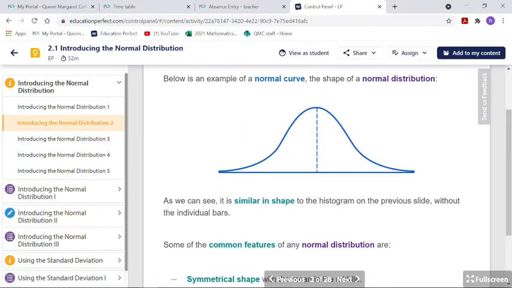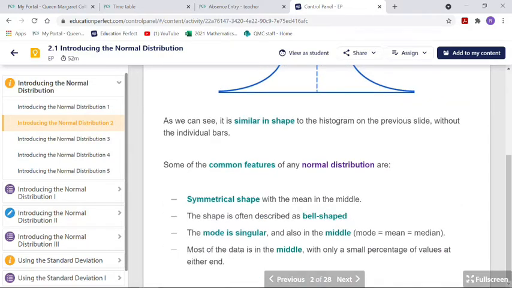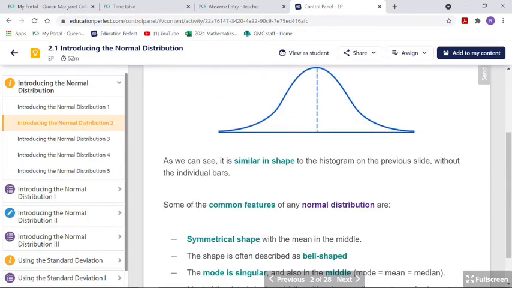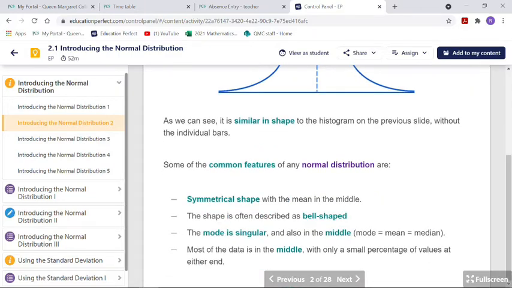This is often called the bell curve or normal curve. And there is only one mode, and it is always in the center of the data in a perfect world, right? And that piece of data in the middle is called the mean, right? So the average, the middle piece of data.